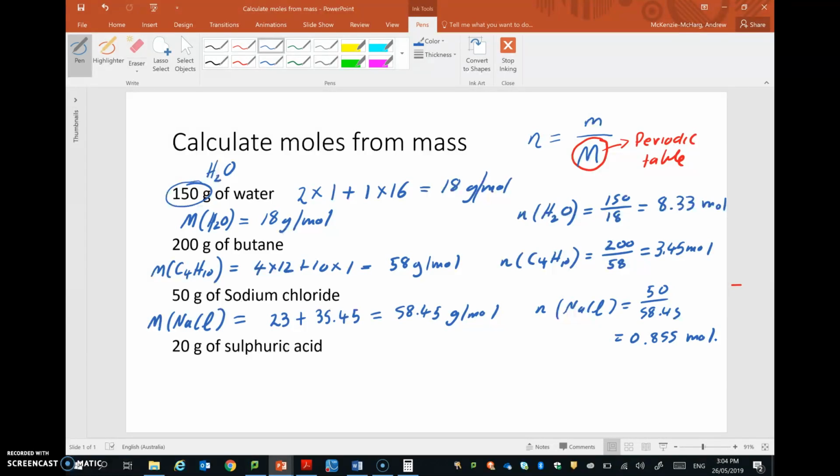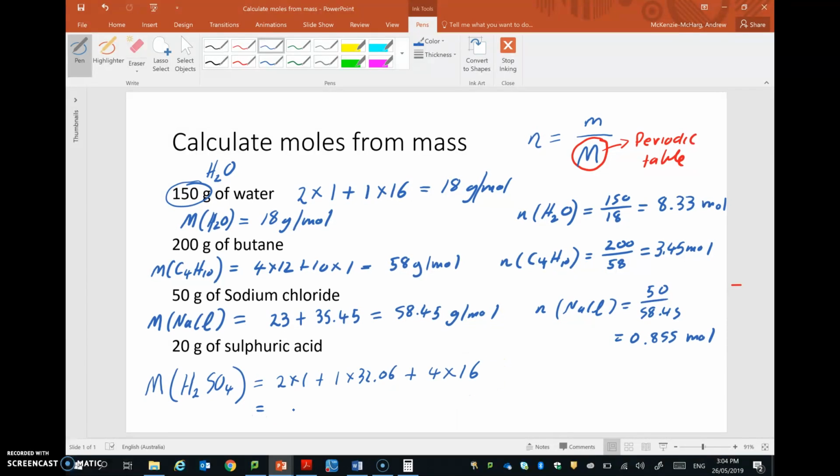Okay, last one. Did you get the chemical composition of sulfuric acid? Well, I'll reveal it here in the molecular mass. H2SO4. Okay, so 2 lots of hydrogen plus 1 lot of sulfur, 1 by 32.06. Look, you could probably call it 32, but I'll stick with the 0.06 here. Plus oxygen, 4 by 16.